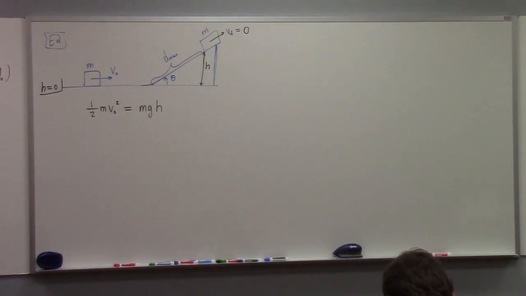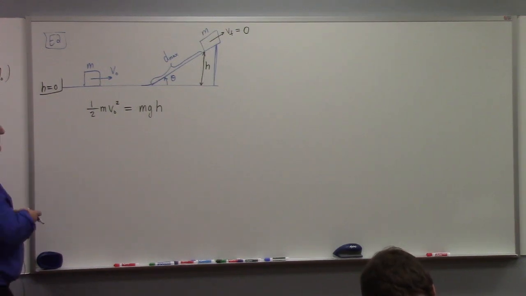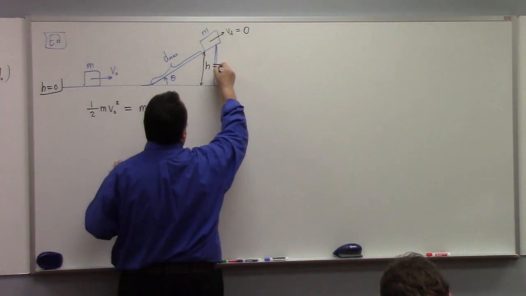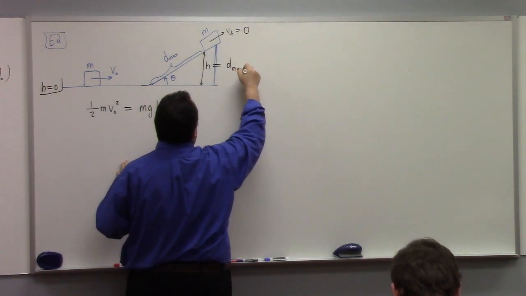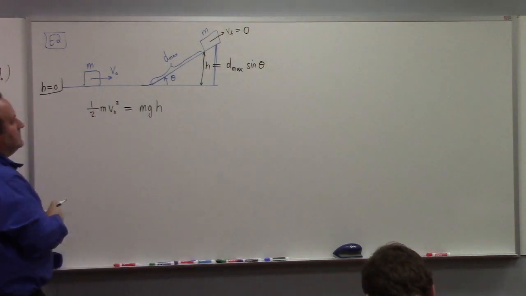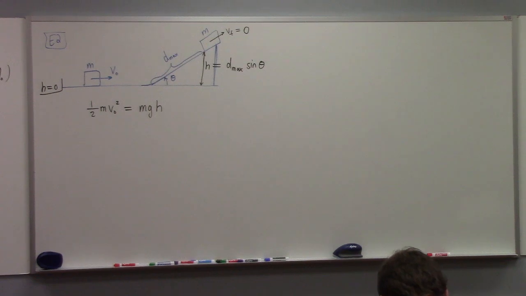So how do I figure out H? How is H related to D max? Can you tell me? H is D max sine theta. I think that's right. Yeah, that's right. Sine theta would be the opposite over the hypotenuse, and here that would be H over D max.